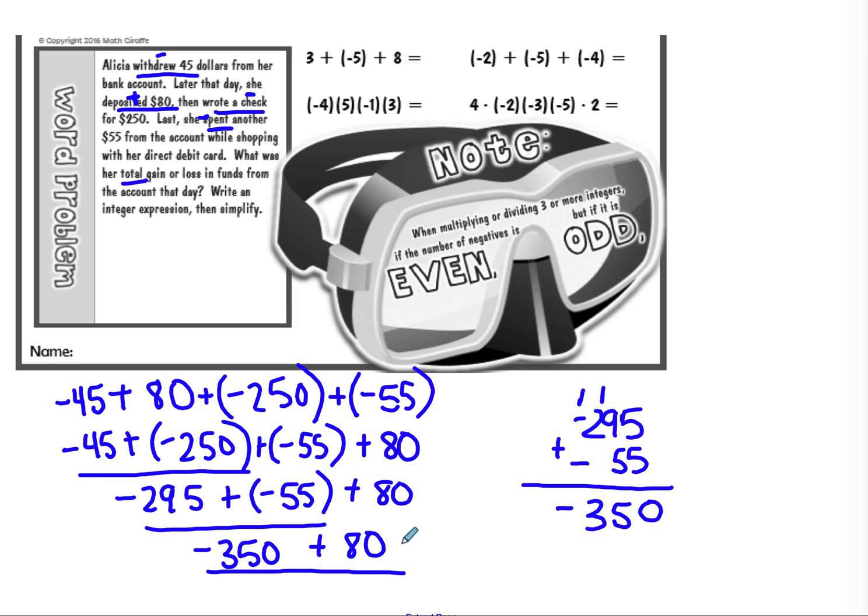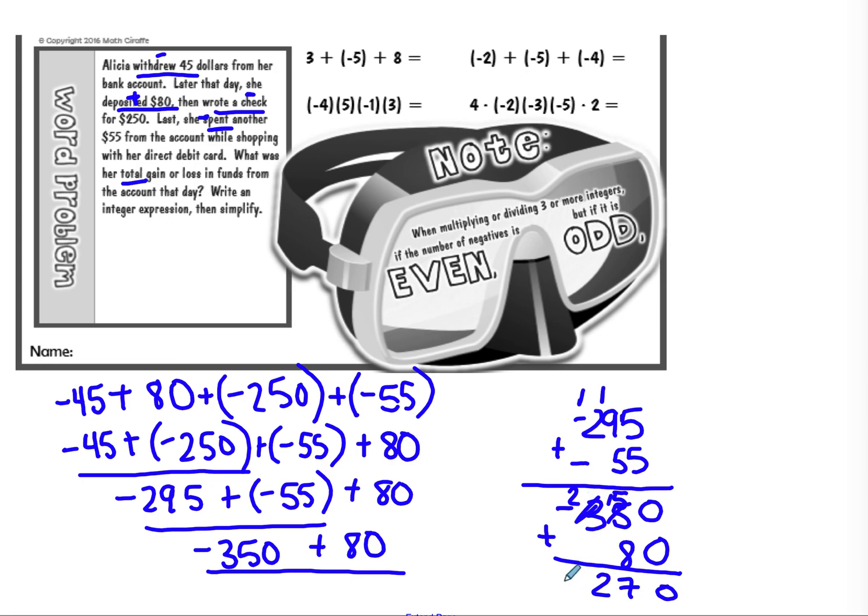Here I have different signs, so I'm finding the difference. I'm actually subtracting. I'm going to go ahead and put this over here vertically as well. Okay, so this should be a plus sign. Different signs, find the difference. So I'm subtracting. 0 minus 0 is 0. Here I've got to borrow. That becomes a 2. This becomes a 15. 15 minus 8 is 7. 2 minus 0 is 2.